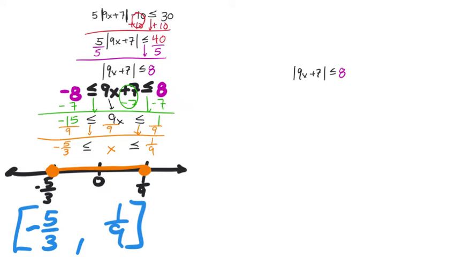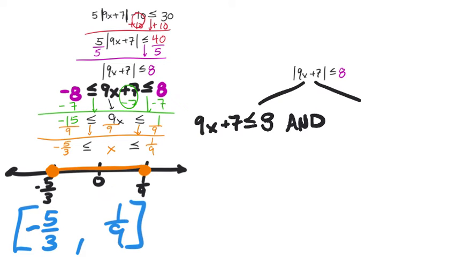Now, the other way to do this would be to start from back here, and we're going to separate this into 2 inequalities. We just need to remember that it's an and statement. The first inequality takes the inside, 9x plus 7, and it remains the same inequality, less than or equal to positive 8, right?